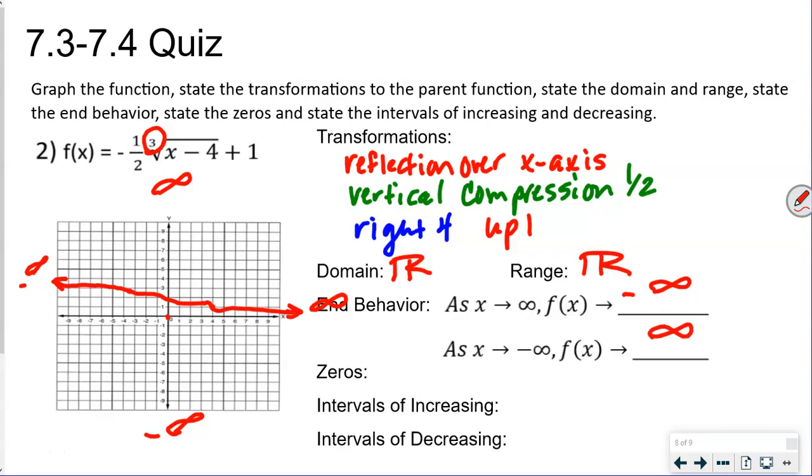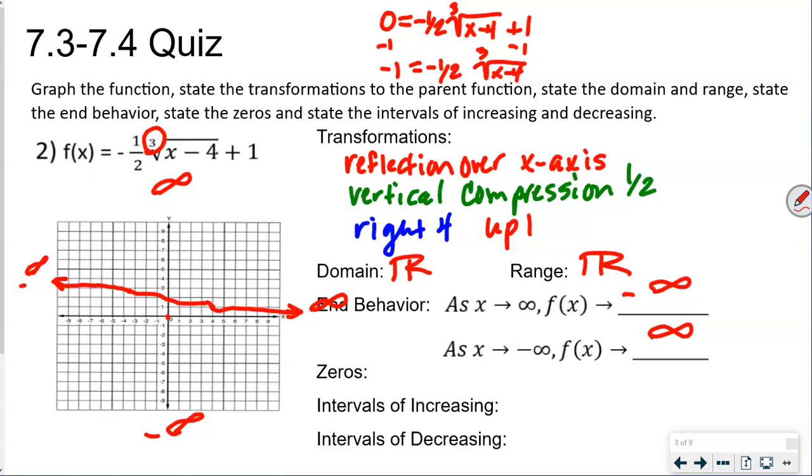So this one, the way we got to find the 0 is to set this equation equal to 0, okay? So I'm going to do this up here. 0 is equal to negative 1/2, and then the cube root of x minus 4 plus 1. So I'm going to subtract 1 from both sides. That's going to give me minus 1 over here is equal to minus 1/2, the cube root of x minus 4.